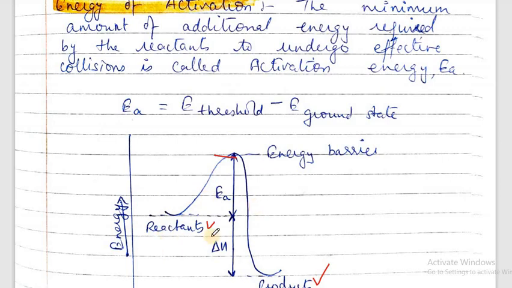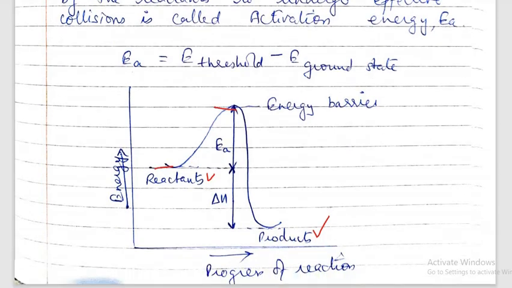In this, we know that this is the energy of reactants. Here is the energy, here is the progress of reaction. Now the reactants will have to have this much of extra energy, then only will they be able to cross this energy barrier, and then they will be transformed into the products.